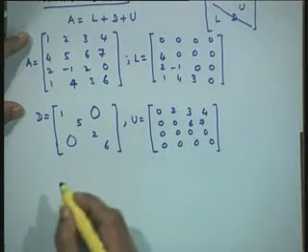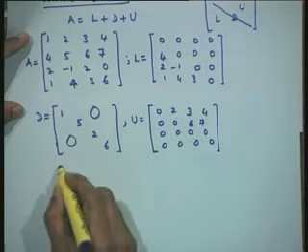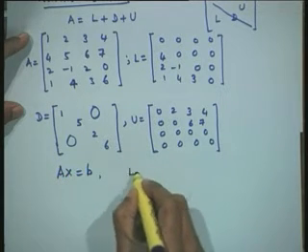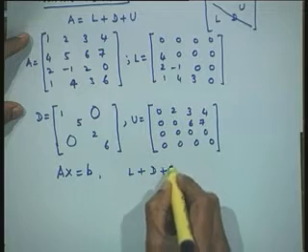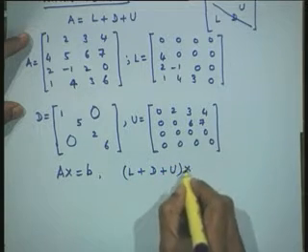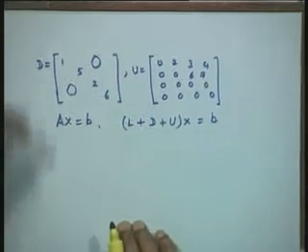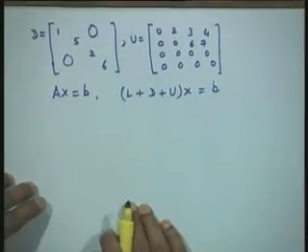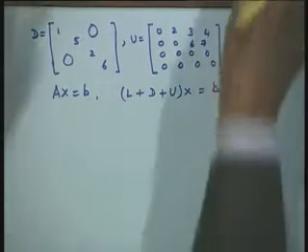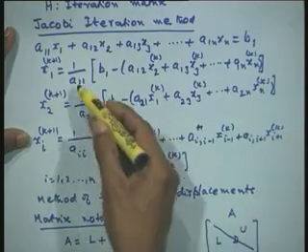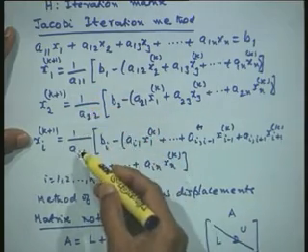Now, if I write it this way, then the system of equations Ax is equal to b can be written as L plus D plus U of x is equal to b. Now, if you look back at the way in which we had written it, you can see that these are all divisions by pivots, a11 here, a22 here, aii here.